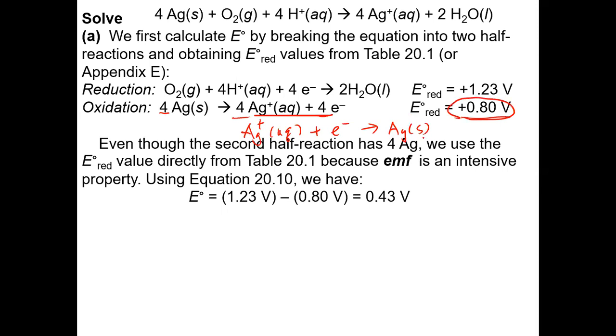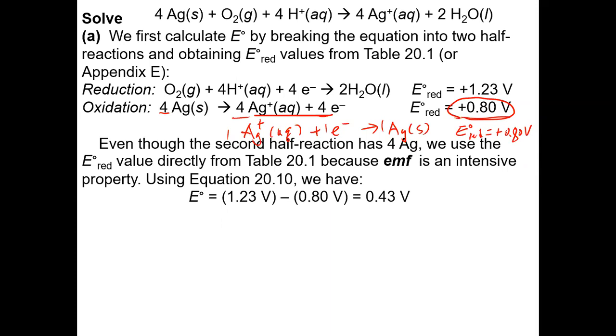Even though in that equation we only have 1, 1, and 1, we still use the same number. So for this equation, we write E0 reduction equals positive 0.80 volts. This is one point we want to notice.